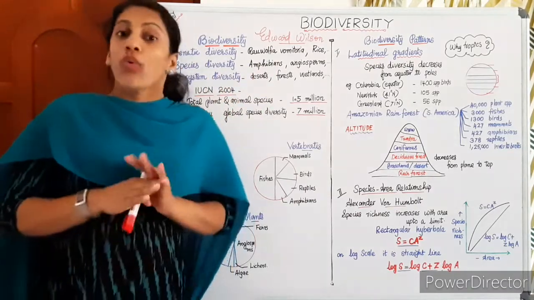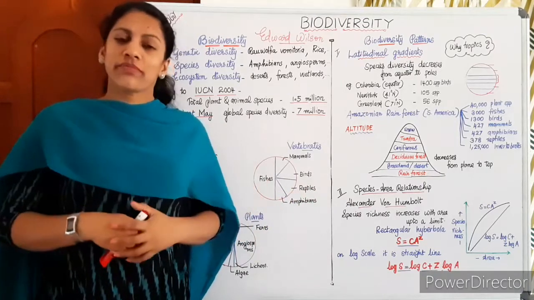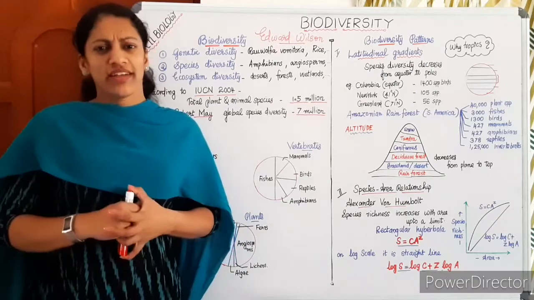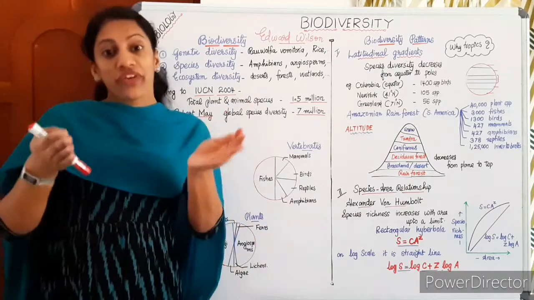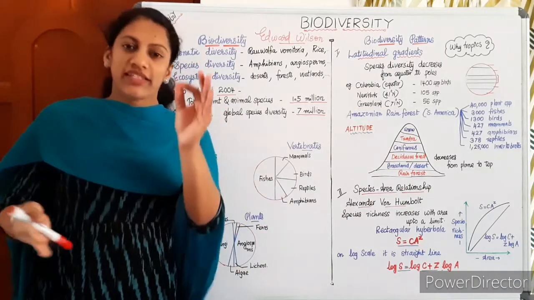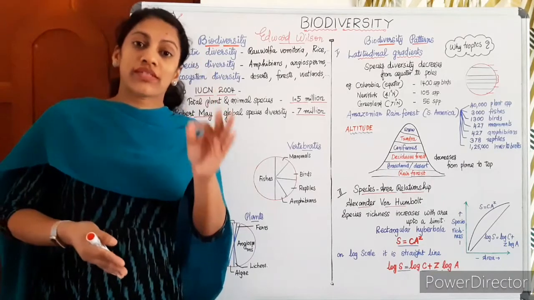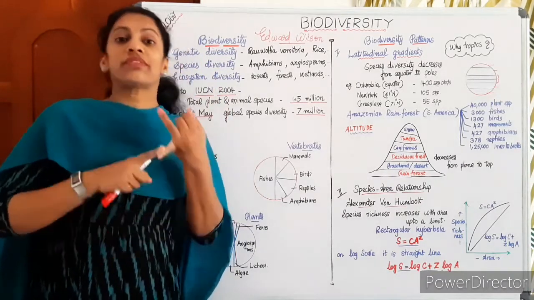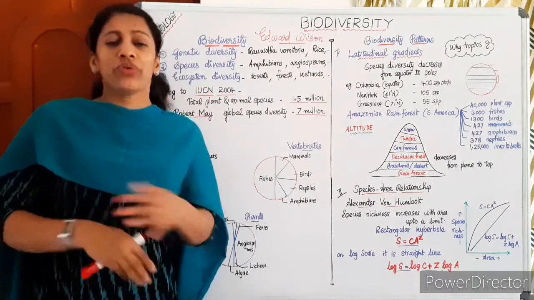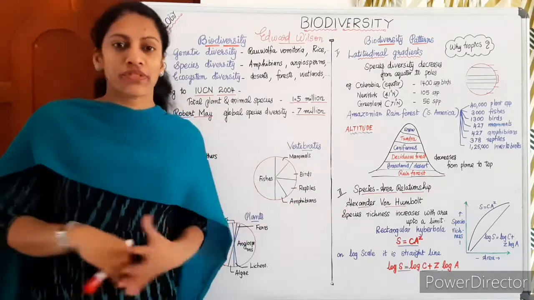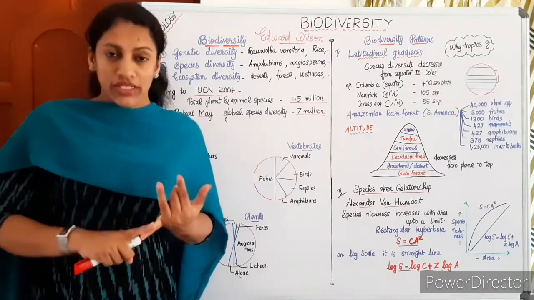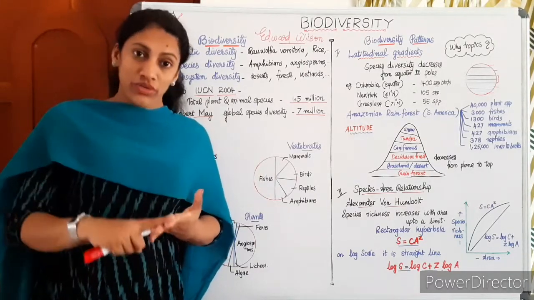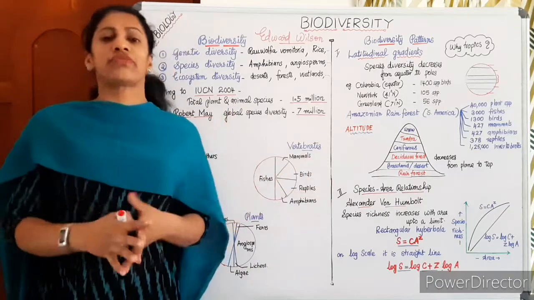Then what is meant by ecosystem diversity, or we can say community diversity? It is nothing but the different types of ecosystems. It is diversity at the ecosystem level. That means how many different types of ecosystems are present. In India, there are almost all types of ecosystems, like forests, rainforests, deserts, estuaries, mangroves, all types of tundra.